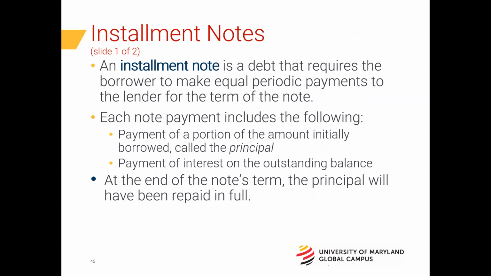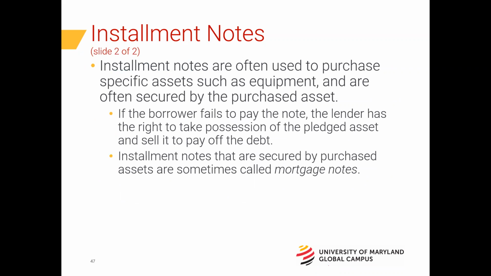It typically includes a promissory note. A promissory note typically includes the initial amount borrowed, the interest rate, amount outstanding, the terms, and so forth. These are all expressed in the installment note documents.